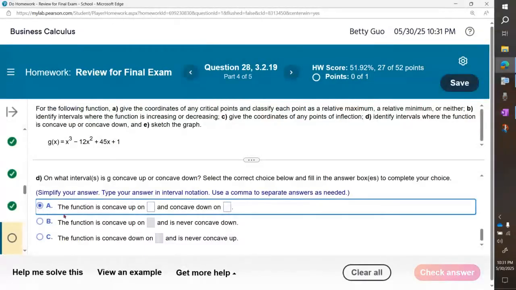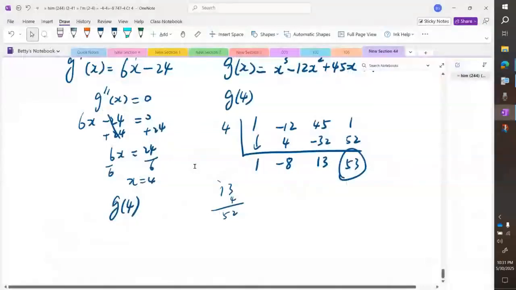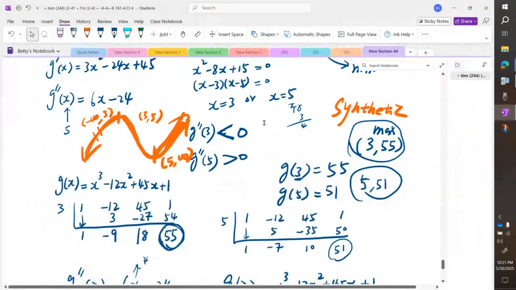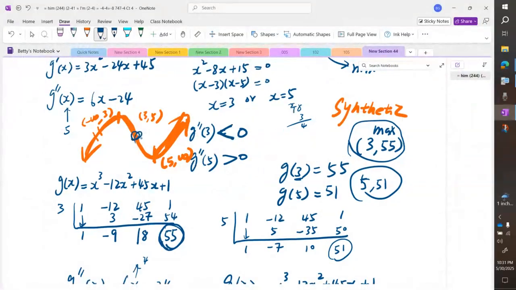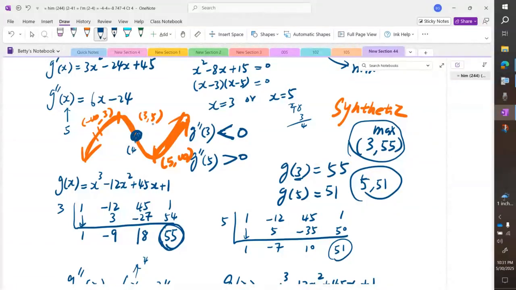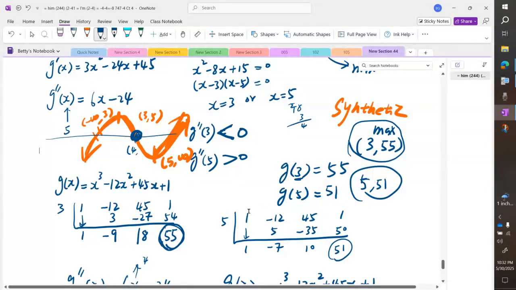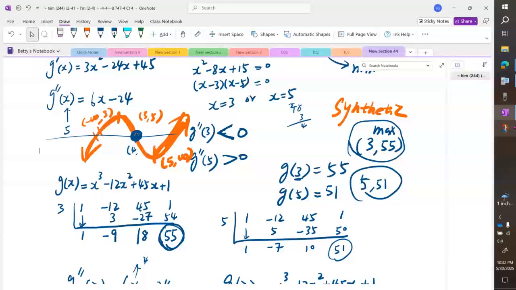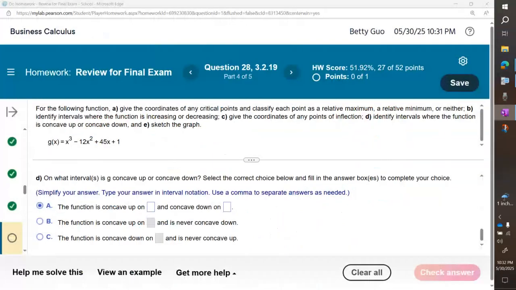So the interval concave up, concave down, we can tell from the graph here, the inflection point is right here. On the left side of 4, the function is concave down first and then concave up after.